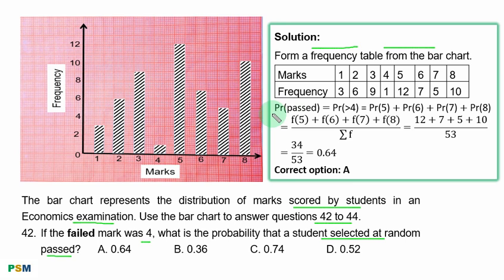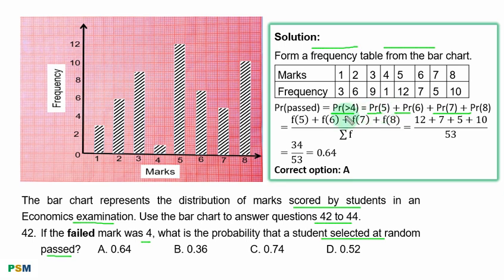Probability that a student passed the exam means that the student must score 5 and above. That is greater than 4. That is probability of 5 plus probability of 6, 7, and 8. How many students scored 5?